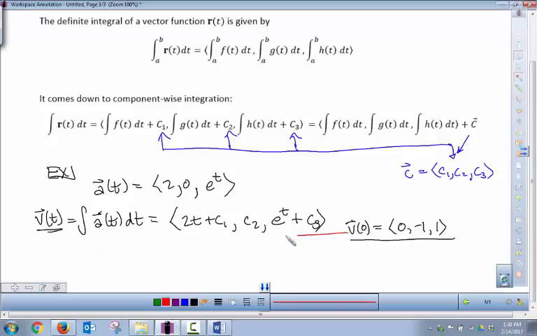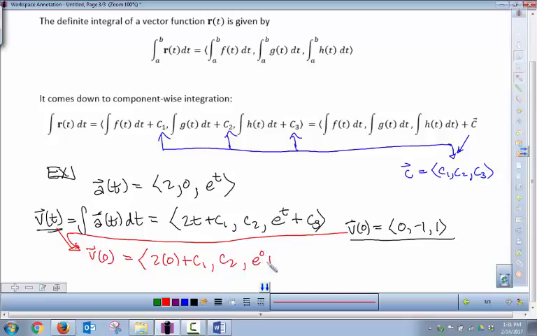This says when t is equal to 0, v of 0 should be equal to 2 times 0 plus c1. There's no t's for this one, so I'm just going to put c2. And then there's an e to the t here, e to the 0 plus c3.